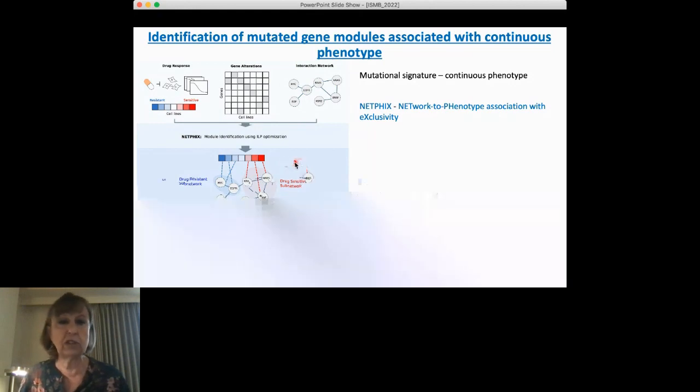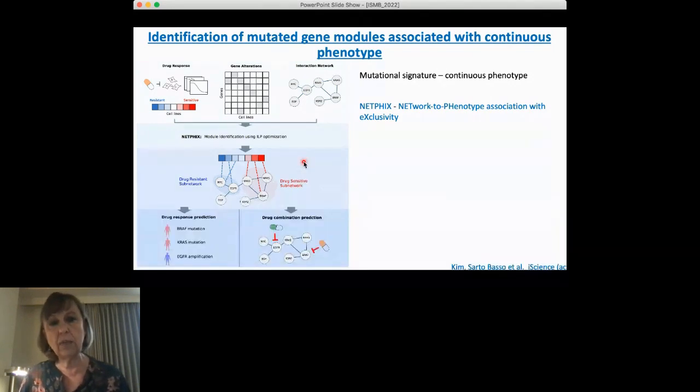I just mentioned that we formulated this approach as an optimization problem using integer linear programming, and the technique that we use is connected set cover. So we try to find the minimal set of optimal connected subnetworks that explain the continuous trait in the optimal way.